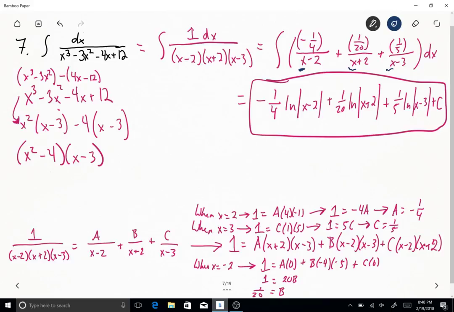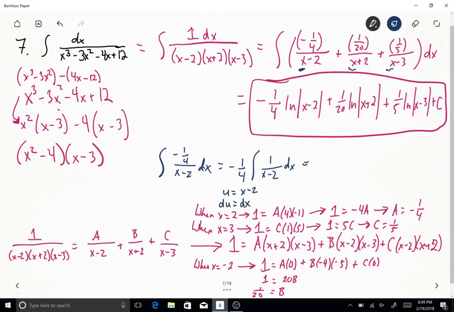Okay, so let's just do the first one, and hopefully we can get the gist. So let's go negative 1/4 times the integral of 1 over x minus 2 dx. So assume we broke that up into different integrals. Let's rewrite this as negative 1/4. It's very similar. It's not quite 1 over x, but it's very similar, and I'll explain why. So notice you can set u equal to x minus 2, and then that means du equals dx.